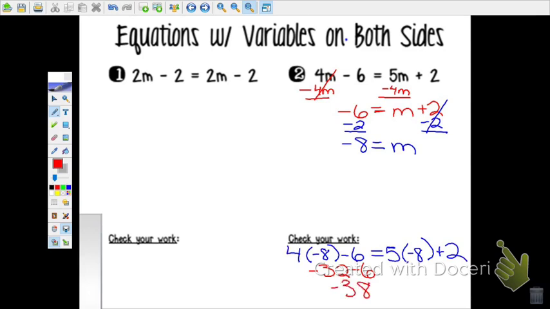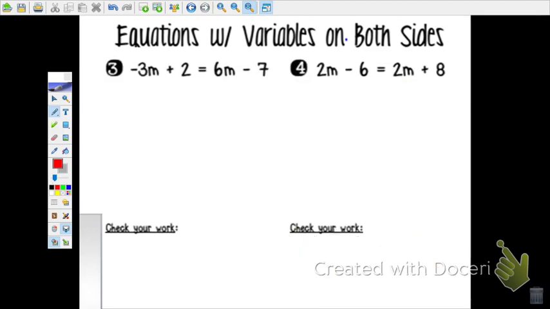On the right-hand side, 5 times negative 8 is negative 40, plus 2 is negative 38. And those are equal. So again, for our check, we had to work on both sides because we had a variable on both sides.